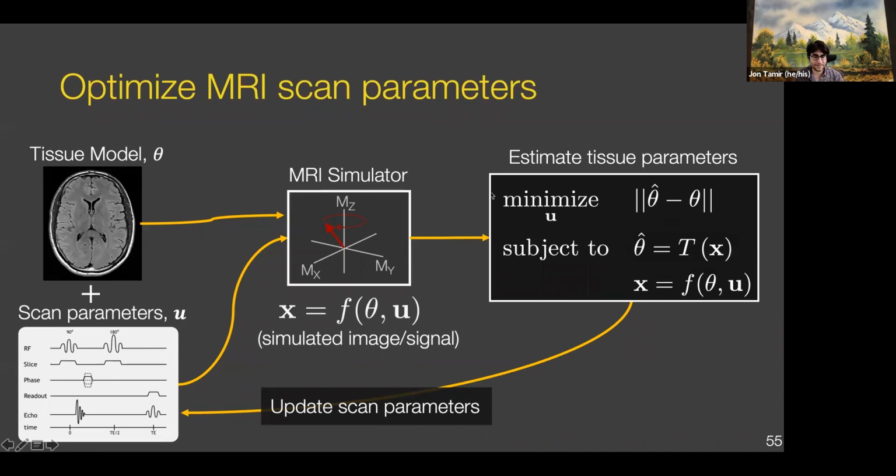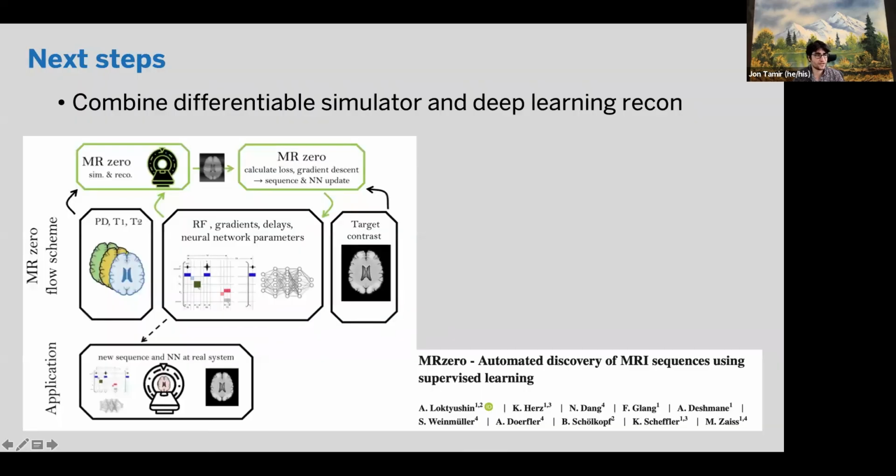Okay, so that's all in the abstract. It's still work in progress. And so the next steps there are to combine the differentiable simulator with a deep learning recon with our unrolled JSense. And just recently, this paper came out that I think is really exciting and really captures the essence of this area. They call it MR0, which is essentially attempting to discover the best sequence using the supervised learning framework.